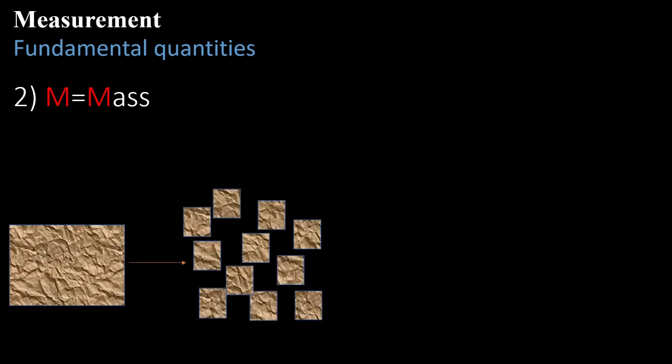The next one is mass. What I would like to mention here is the way we define mass in physics, or at least here. So imagine I have a paper. I'm going to tear it up into small pieces, right? I'm not changing the mass at all.